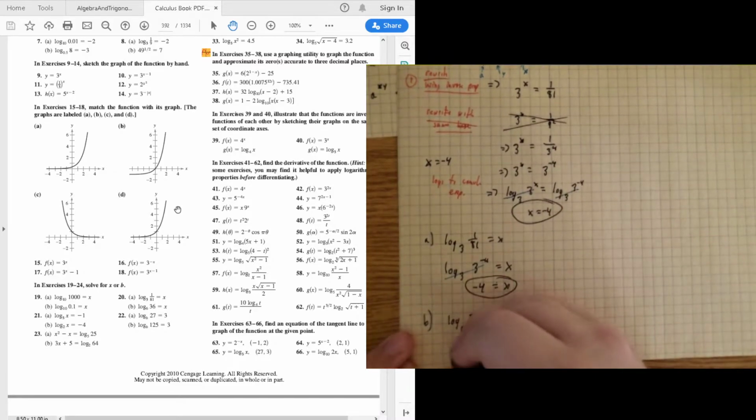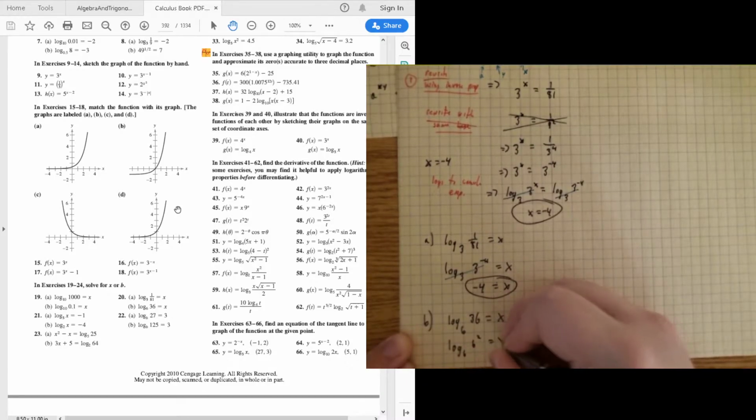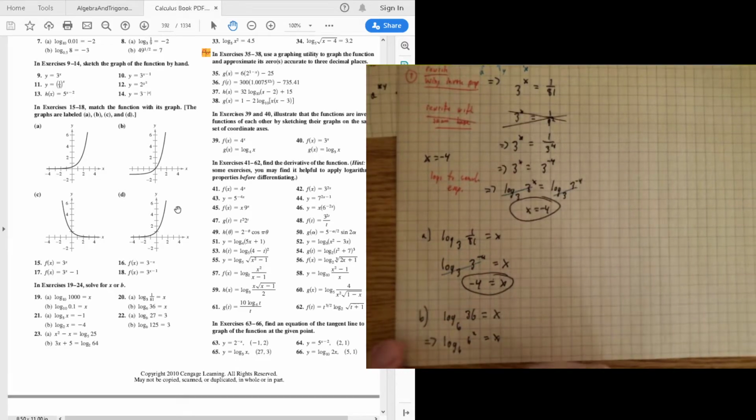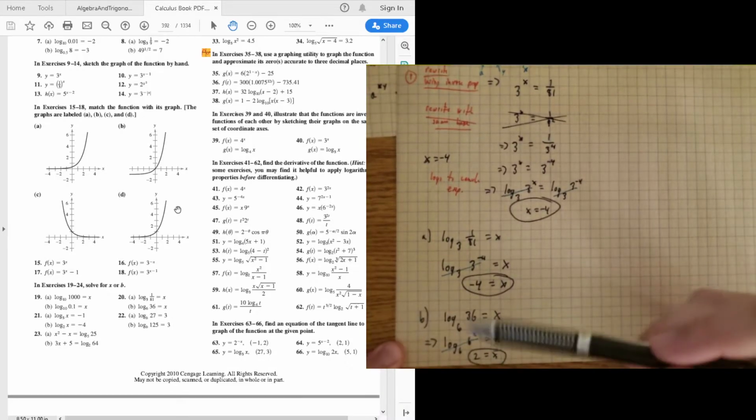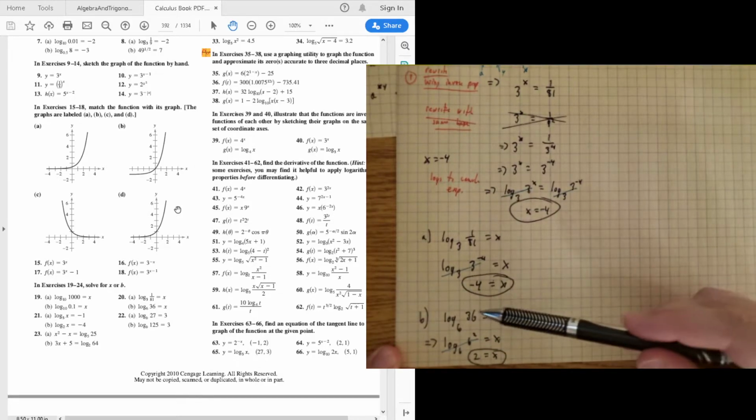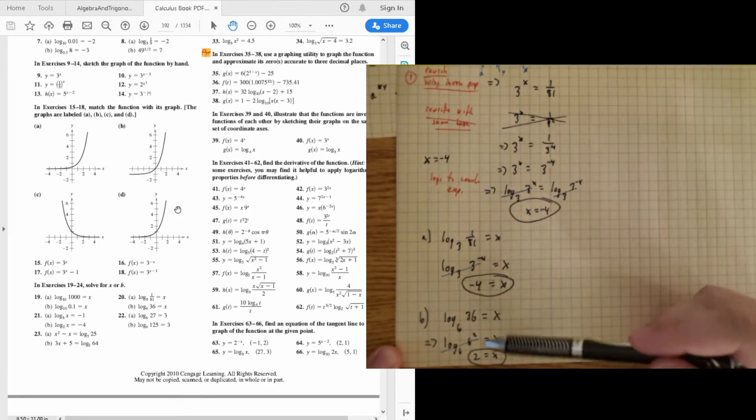I'm going to do it the fast way this time. This becomes log base 6 of 6 squared equals x. And then hopefully it's obvious here, log base 6 and 6 are going to cancel, leaving just 2 and x.